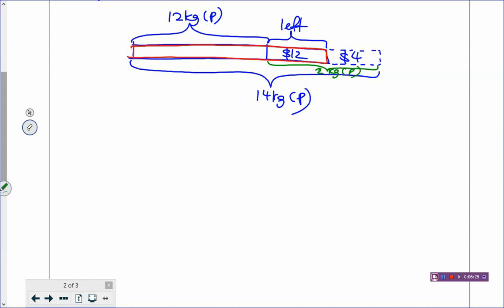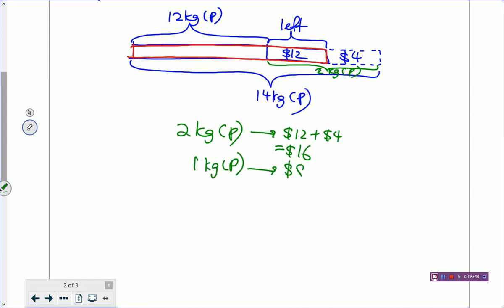So how much is 2 kg of prawns? Now remember to show the arrow sign very clearly, because the arrow sign tells you from where to where is how much. So your 2 kg of prawns is $12 plus $4. And isn't that 16? So 2 kg of prawns is $16. So 1 kg of prawn will be 16 divided by 2, which is $8.